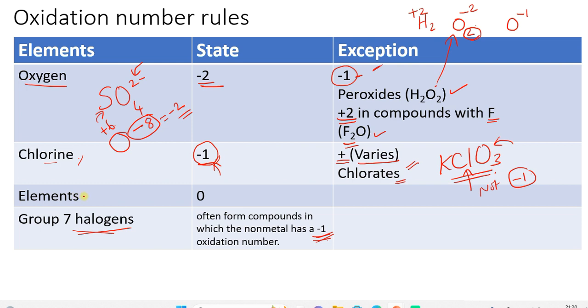Remember, all elements have 0 oxidation state. For example, O2, Cl2, if you see any of these, the oxidation state for the atoms present here is 0. The same with any metals as well. So if you see Ca, calcium, any metal that you see, or any element for that matter, oxidation state is 0.